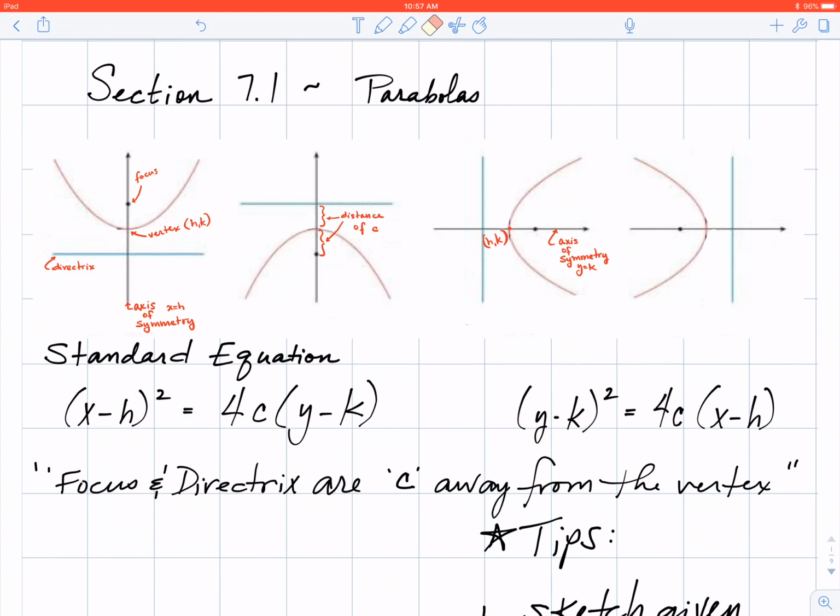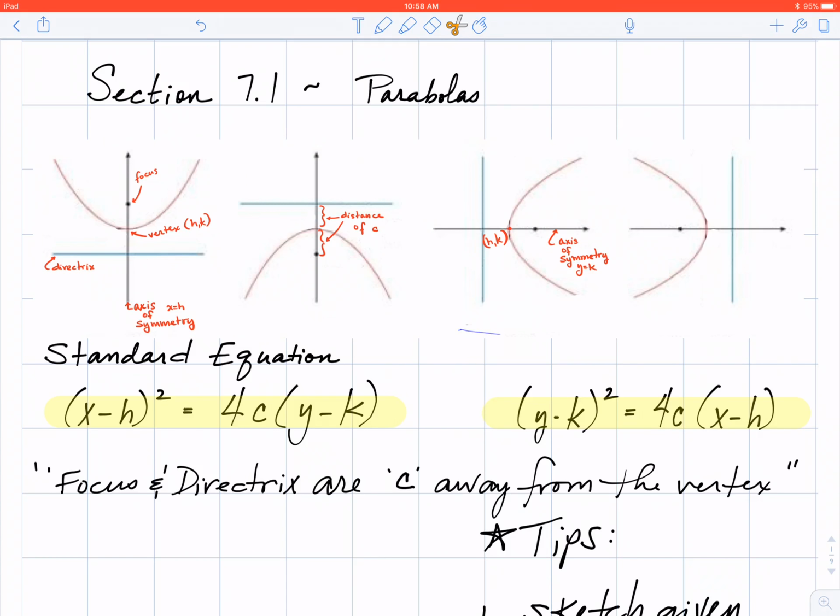Now, I've given you two different equations, so let's notice the difference on these. This is my first equation where it's my x pieces that are squared, and this is my second equation where it's my y pieces that are squared. When my x's are squared, I have my normal parabolas that I had back in college algebra, the concave up and the concave down parabolas.